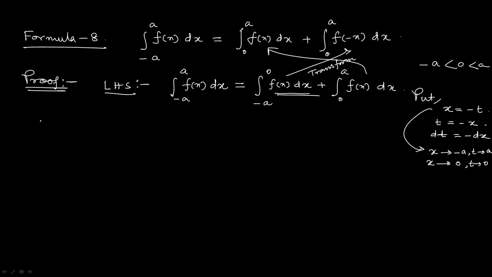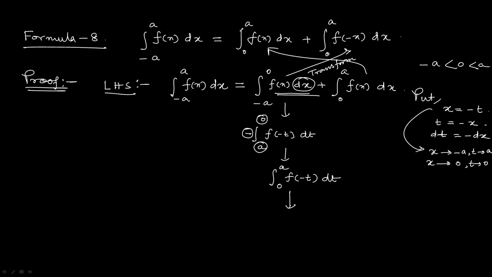So finally this integration becomes the integral from a to 0 of f(-t), and dx is equal to -dt. So this minus will be adjusted with the interchange of limits. That one becomes the integral from 0 to a of f(-t) dt.